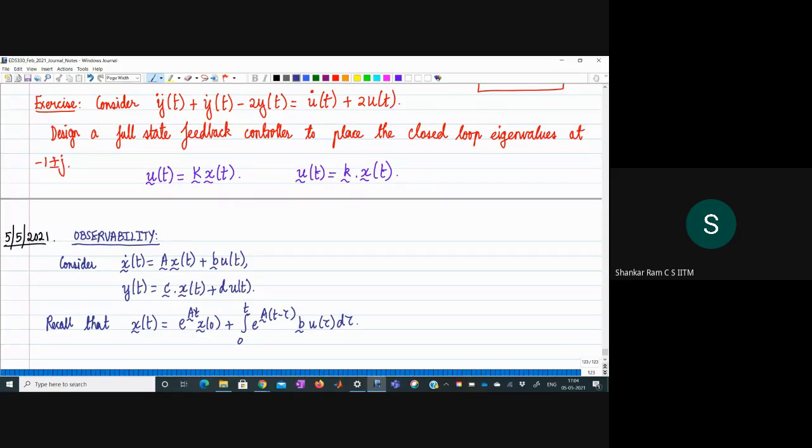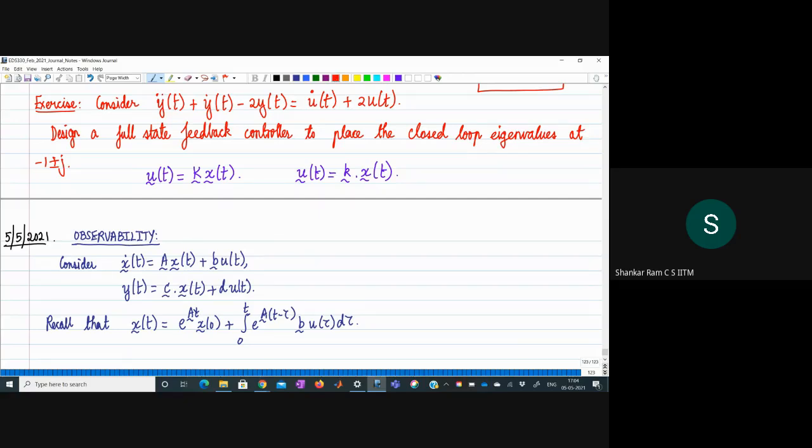Why are we discussing this to begin with? Connecting it to where we stopped in the previous class, we saw that if you want to implement the full state feedback controller, we require knowledge of the state vector.